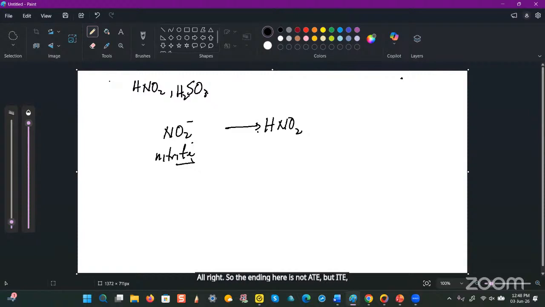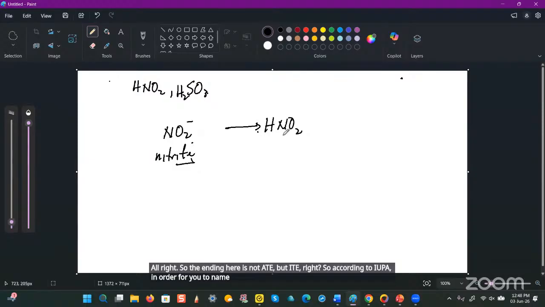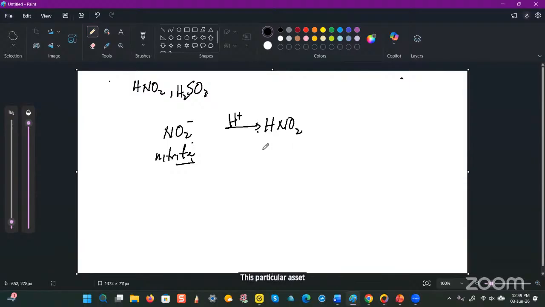By the way, to get from nitrite to this acid, we add H plus. So according to IUPAC, to derive the name of this acid, this would be the name: nitrous. In other words, we replace the ITE ending with OUS acid.